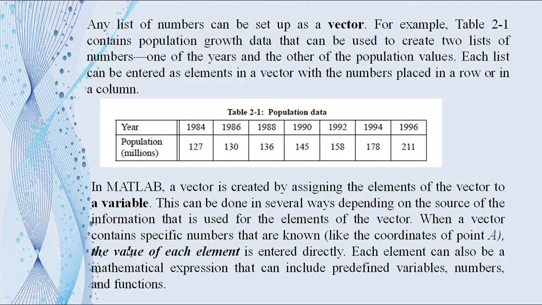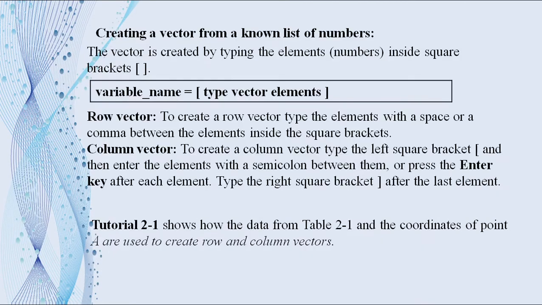When a vector contains specific numbers that are known, like the coordinates of the point, the value of each element is entered directly. Each element can also be a mathematical expression that can include predefined values, numbers, and functions. So when you know the numbers, they can be entered directly. If you want the calculation part, a mathematical expression can also be given in the element entry. Creating a vector from a known list of numbers.